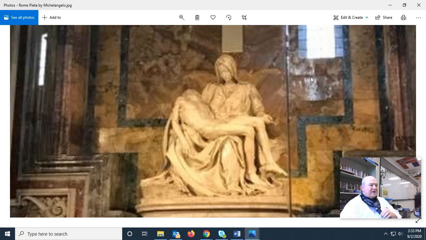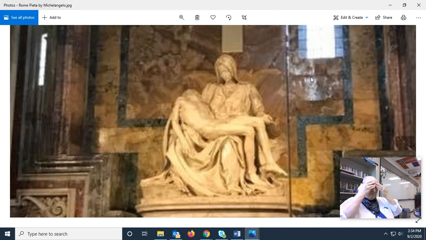The word Pietà means Mary cradling the fallen body of Christ. There are several Pietàs, but this is the Pietà. Where would you find it? It is in the Sistine. No, it is in St. Peter's Basilica in Rome.